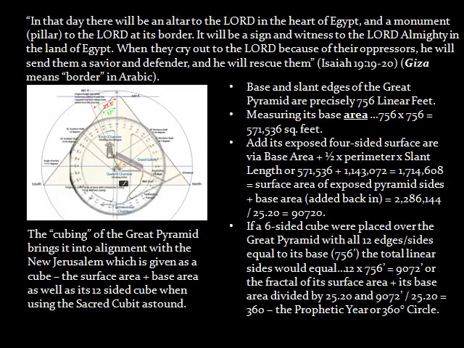90,720. If a six-sided cube were placed over the Great Pyramid with all 12 edges and sides equal to its base of 756 linear feet on one side of its base, the total linear sides would equal 12 times 756.